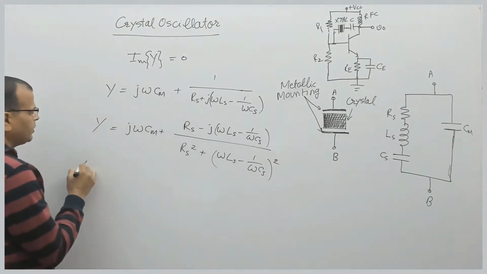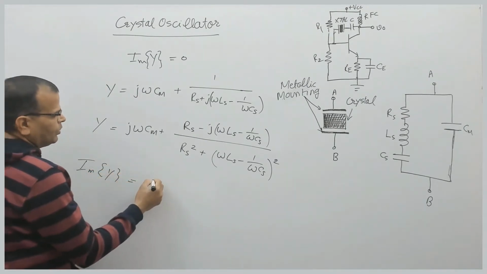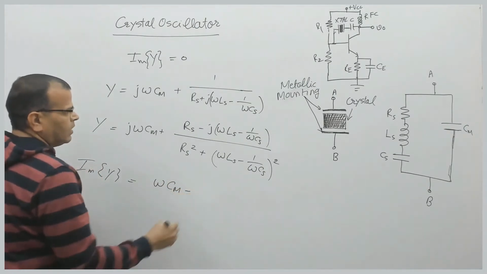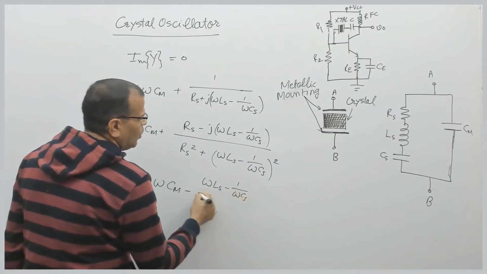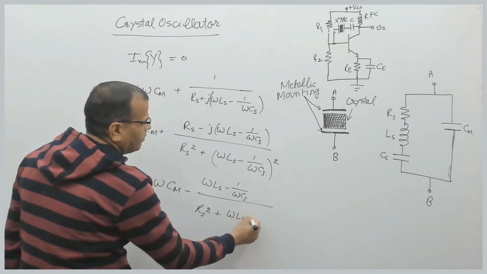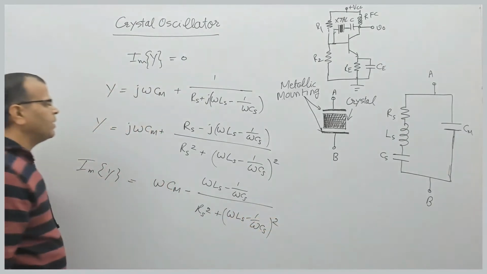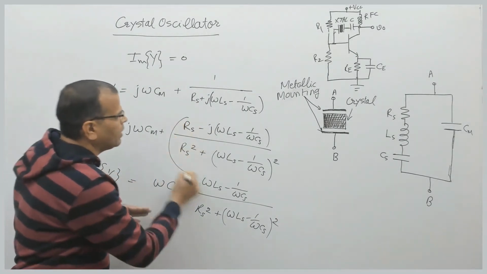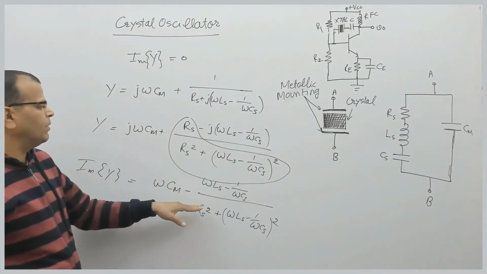So if you take the imaginary part of admittance, it will be equal to omega Cm minus omega Ls minus 1 by omega Cs whole divided by Rs square plus omega Ls minus 1 by omega Cs whole square. That becomes the imaginary part, because you can separate this: the first part of the second term is the real part, and the remaining part will be imaginary.